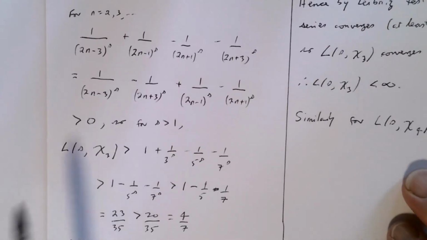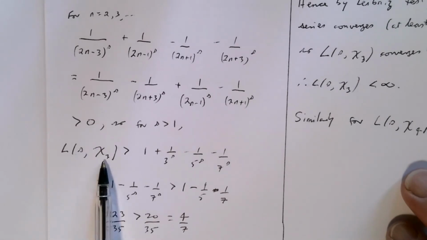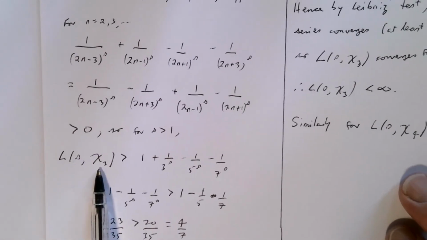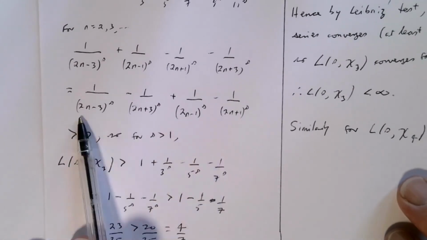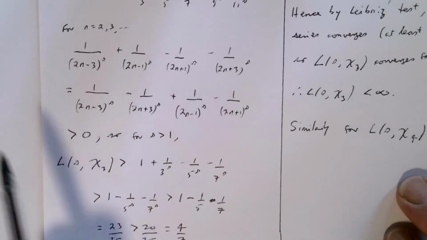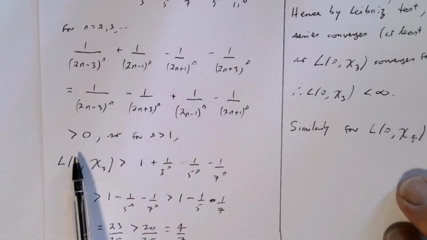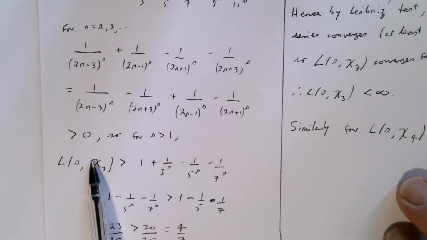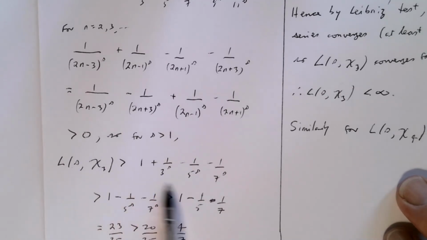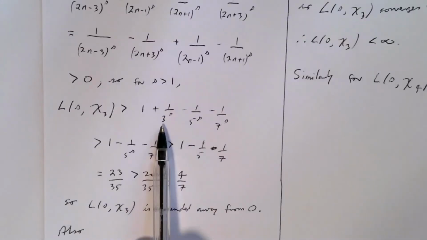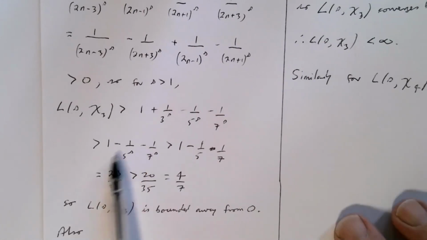Now, that means L of s and chi3, so if each one of these things is positive, then I can just take the first 4 terms. I can say L of s and chi3 is bigger than just the sum of the first 4 terms. And once again, I can say this is bigger than, I can toss that term away and just take these ones.